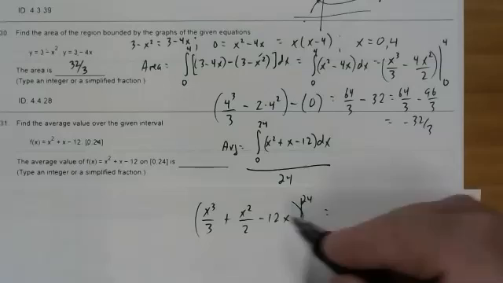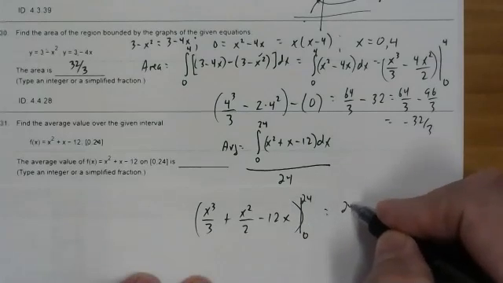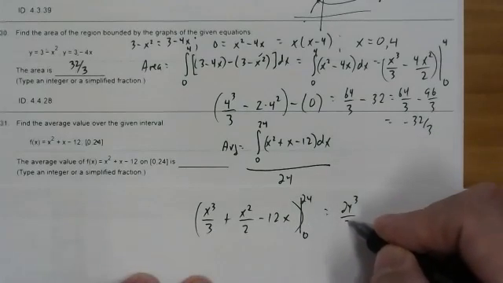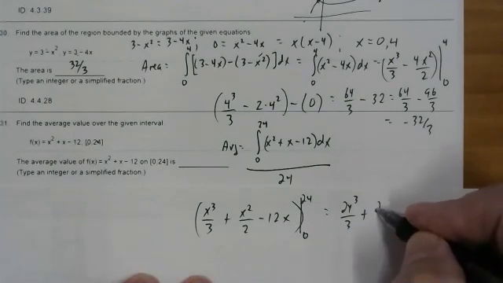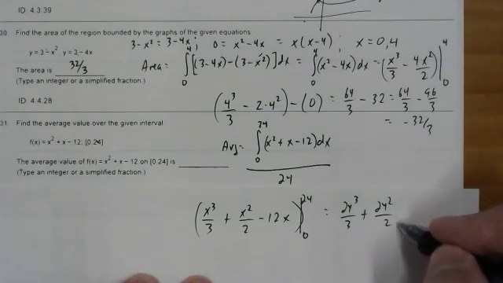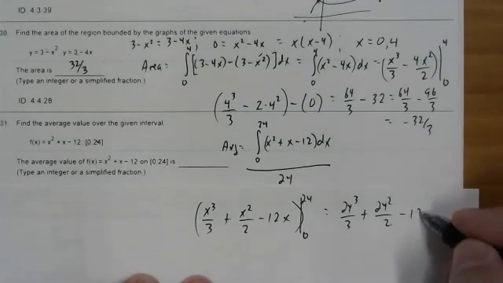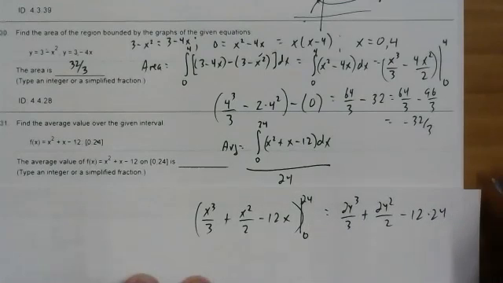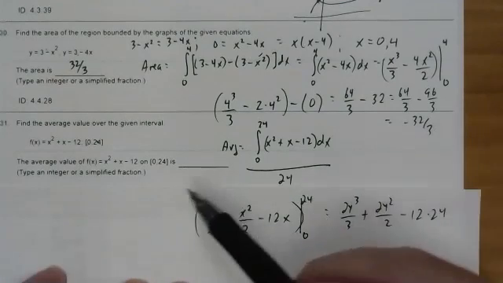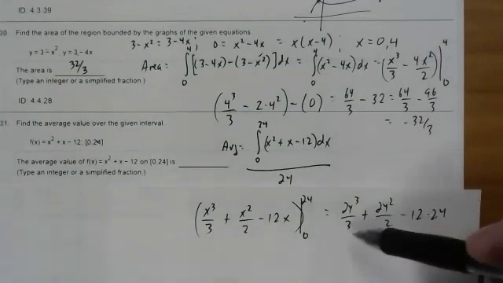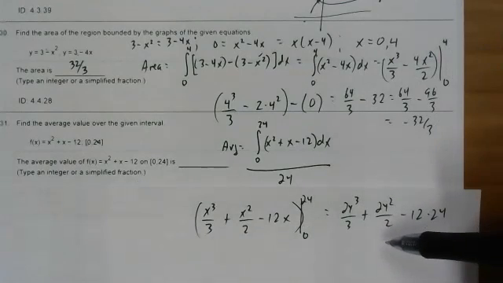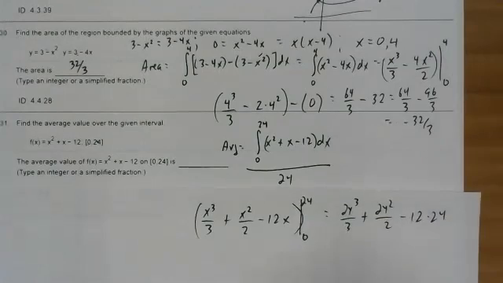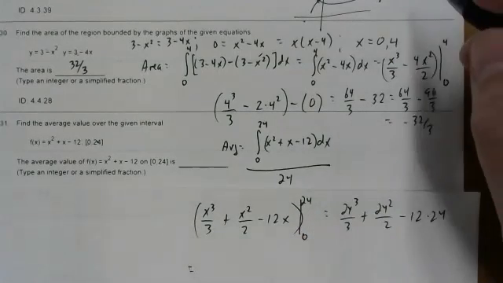So maybe it's just plugging in 24. So 24 cubed over 3 plus 24 squared over 2 minus 12 times 24. Now they want the answer as a fraction, so I can't really grab my calculator and do a decimal kind of thing. So this is going to get sort of messy.